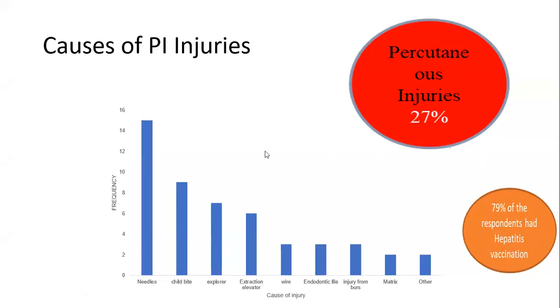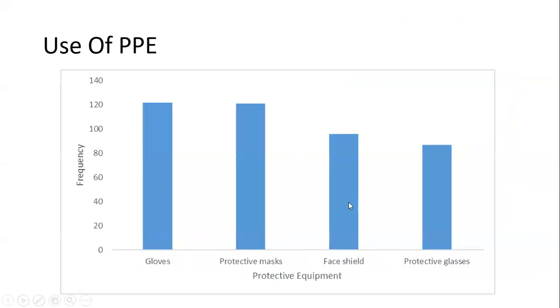The common causes are fairly consistent: needle prick injuries the most common, child bites, and then a whole range of other causes for percutaneous injuries. We will see how they compare with other studies in the discussion.